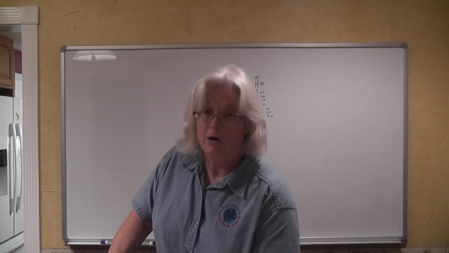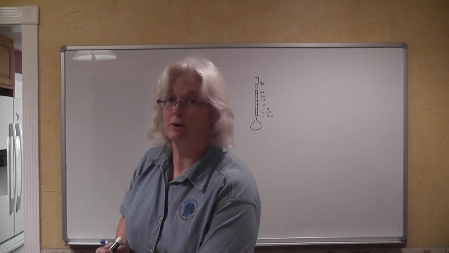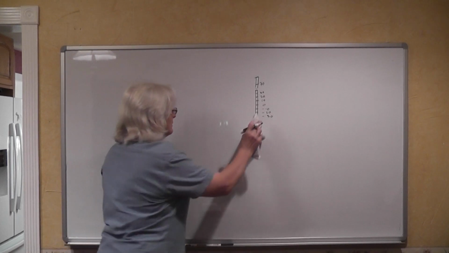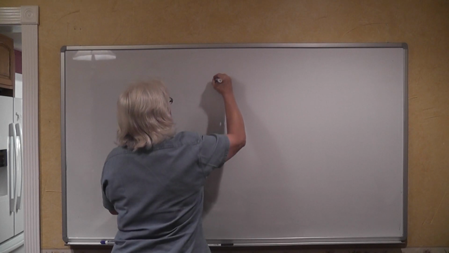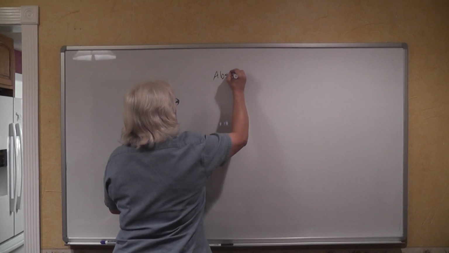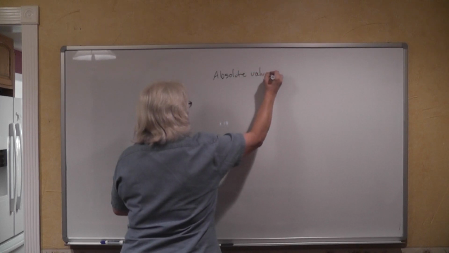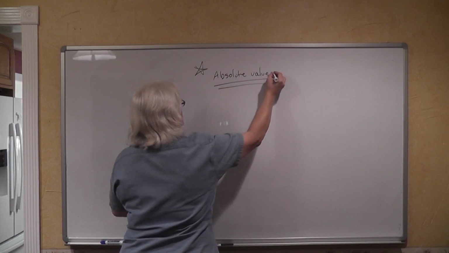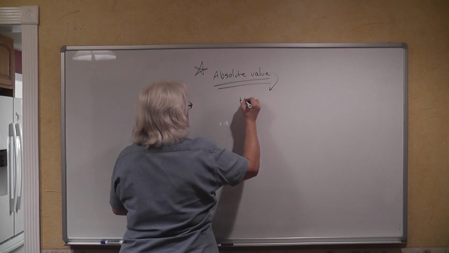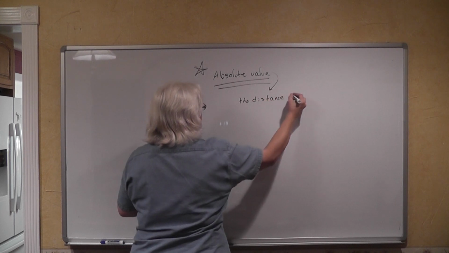Something else that we want to talk about in this section is called absolute value. Absolute value is very important. Absolute value is the distance from 0. You must learn this. The distance that a number is from 0 on the number line.